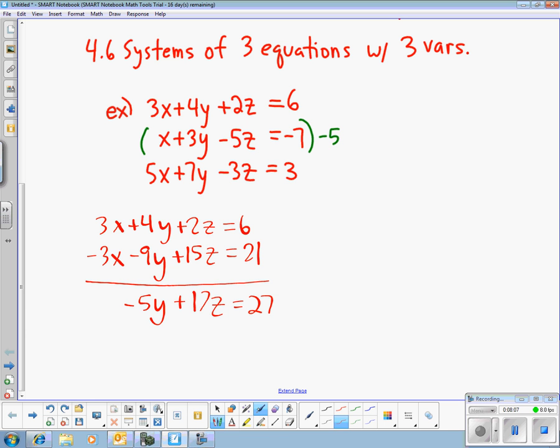I hope you see why -5, because I want to get rid of x using a different pair of 2 equations. So equation 2 times -5 is -5x minus 15y plus 25z equals 35. And then I'm just going to write equation 3 as is.